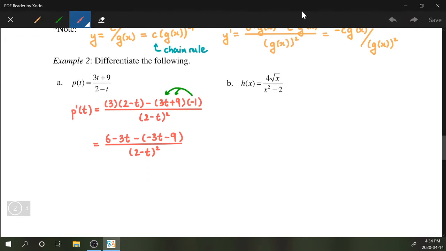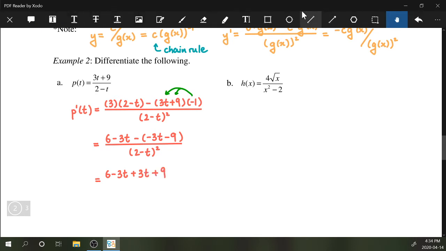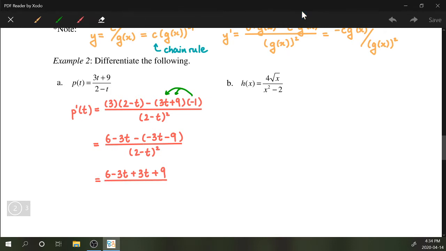Keep on expanding here. So we have 6 minus 3t plus 3t plus 9. You notice that in this particular example, the 3t's will eliminate each other, so that's good. And so in this case, we'll be simply left with 15 over 2 minus t all squared. And that is as much simplifying as you need to do for this kind of question.